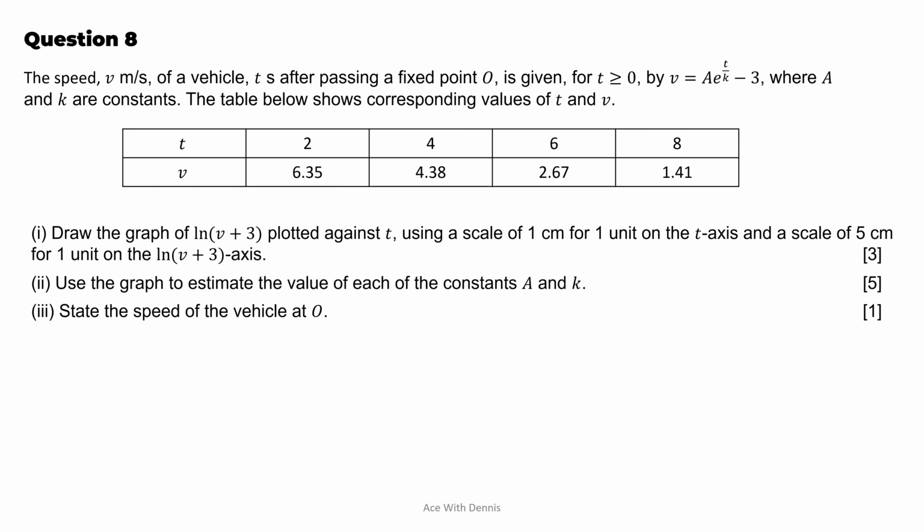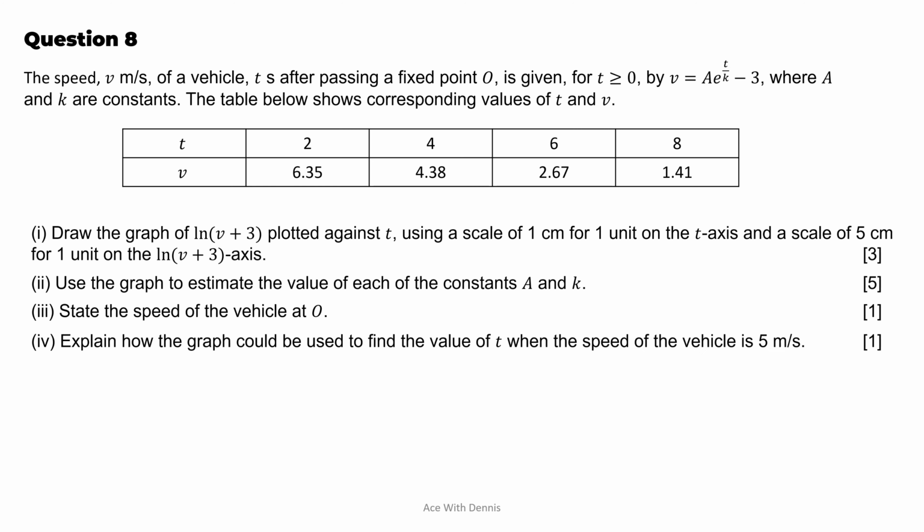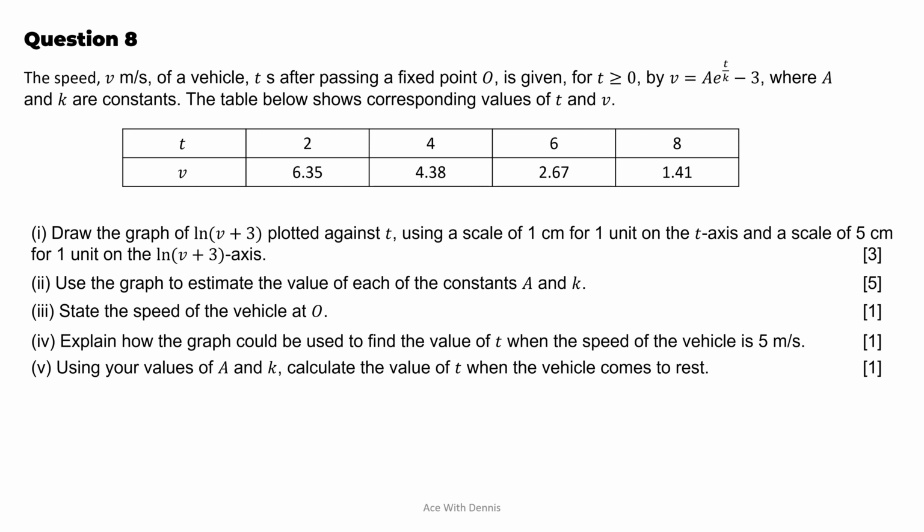State the speed of the vehicle at O. 1 mark. 4. Explain how the graph could be used to find the value of t when the speed of the vehicle is 5 meters per second. 1 mark. 5. Use your values of a and k. Calculate the value of t when the vehicle comes to rest. 1 mark.